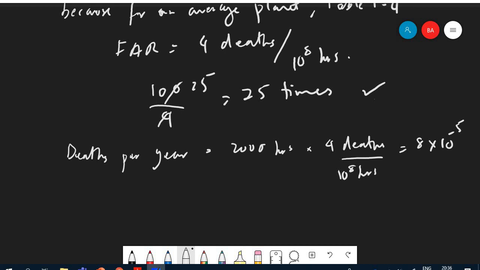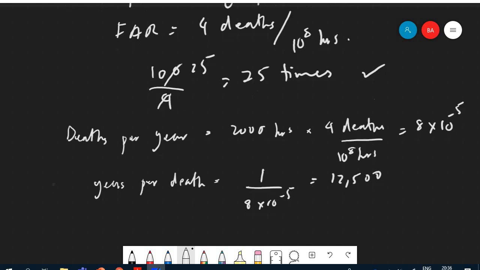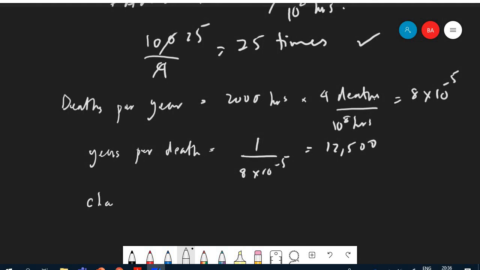Now to calculate years per death, I just take it upside down, which is 1 over 8 into 10 to the power minus 5. This would be 12,500. That means the chance should be 1 in 12,500 years of exposure.